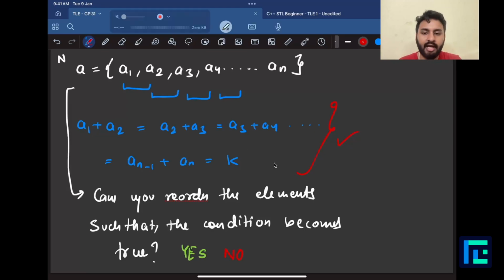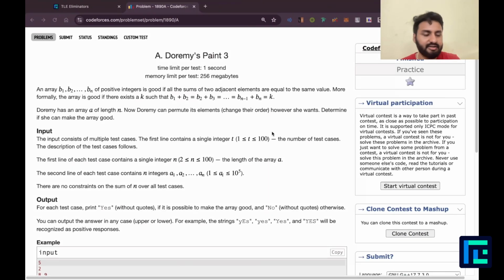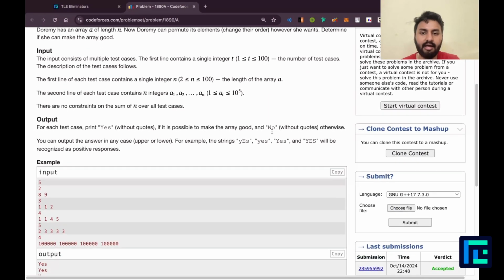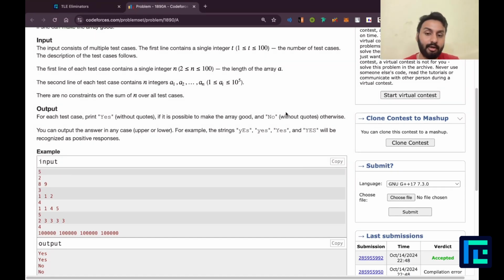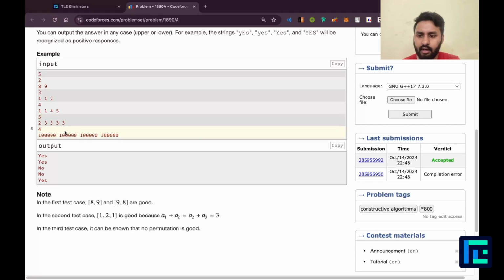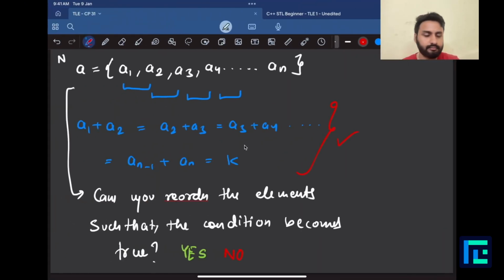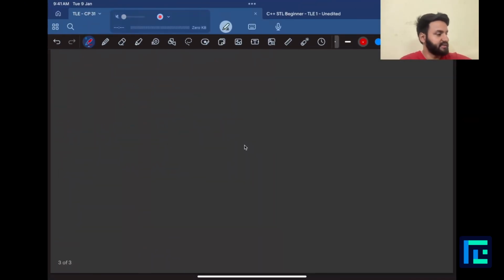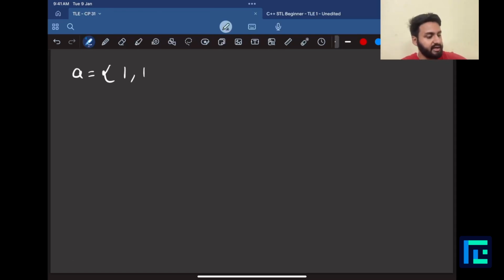Now, considering that this part is done, let's go back to a test case and understand what we are essentially looking for. Let's say I have a test case that looks like this: 1, 1, 2. I have the array equal to 1, 1 and 2.